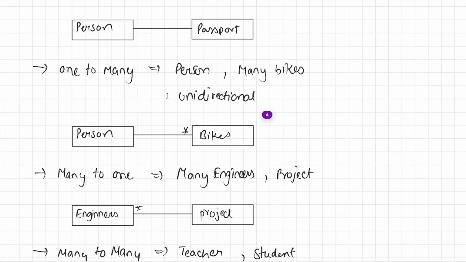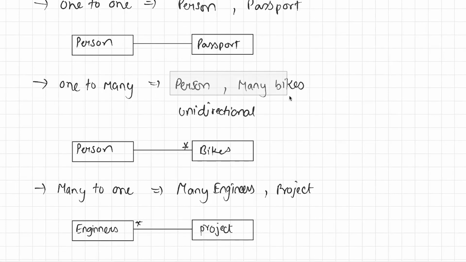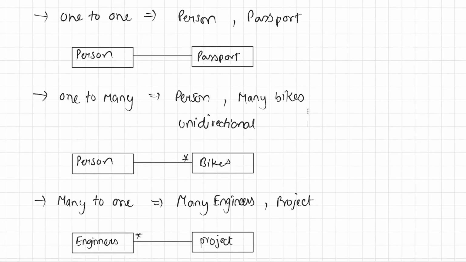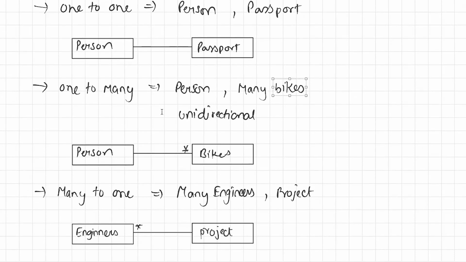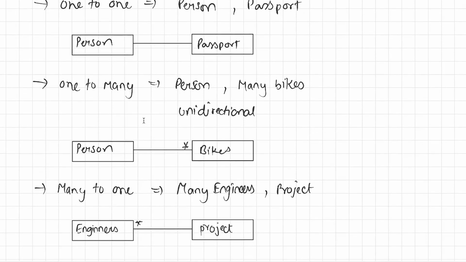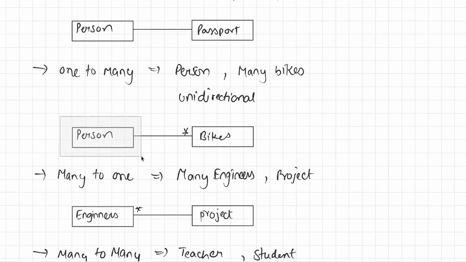But this type of relationship is a unidirectional relationship. We can say that one person can have many bikes, but we cannot say that one bike is associated with many persons, right? This is not true. Now how to represent this type of relationship using UML? It is simple: we have a person class here and we have a bike class here. First of all, to represent a relationship, we are using a straight line.